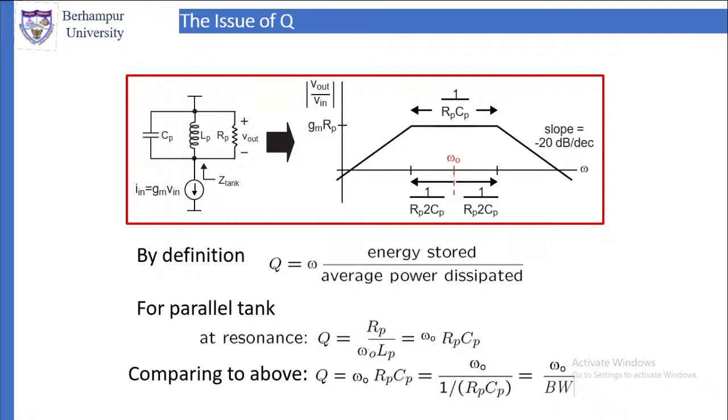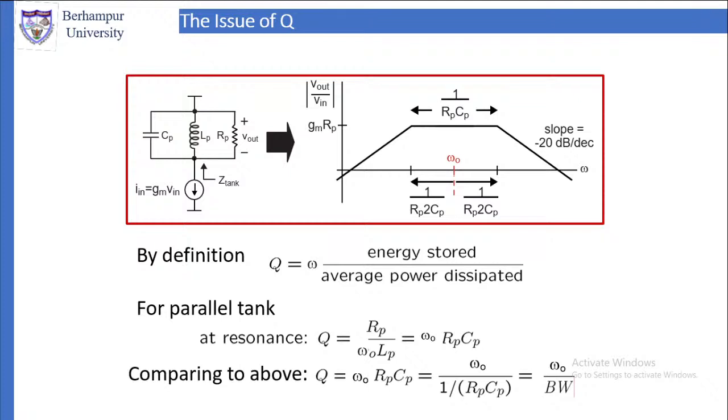For the tank RLC circuit, Q is equal to Rp by omega 0 Lp when we consider the inductance, and that is equal to omega 0 into Rp into Cp when we consider the capacitance. So that is what Q is.